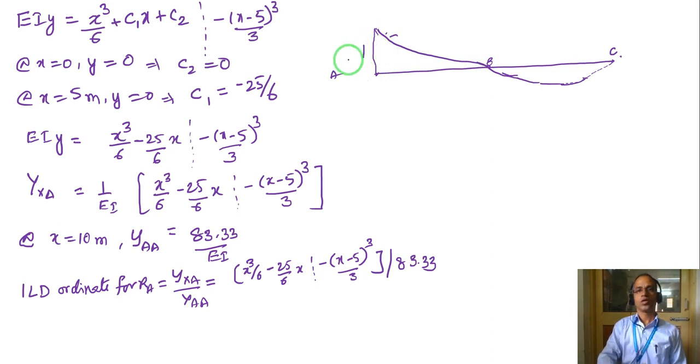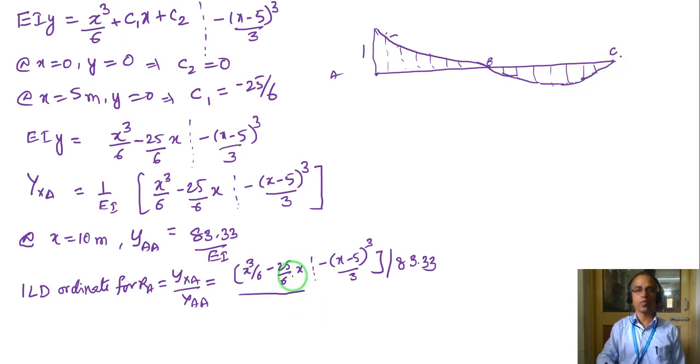This is a unit, and you can find the ordinate by taking x values; you will be able to verify. This is the ILD for RA. If you substitute x equal to 0, I should take only the first term, so the ordinate is 0 here.